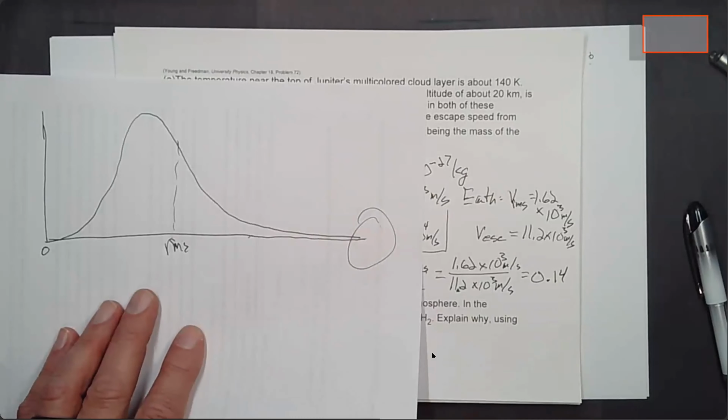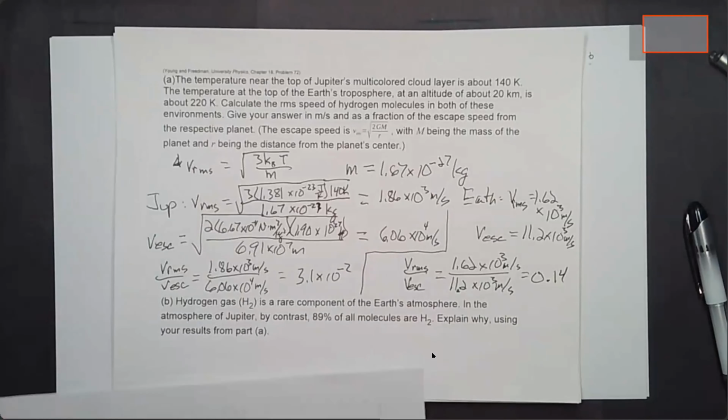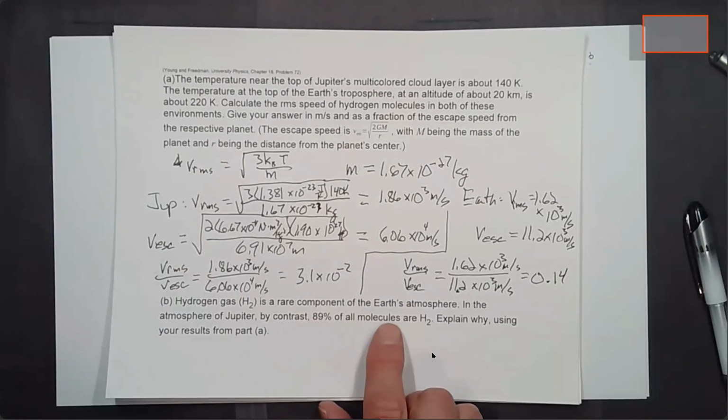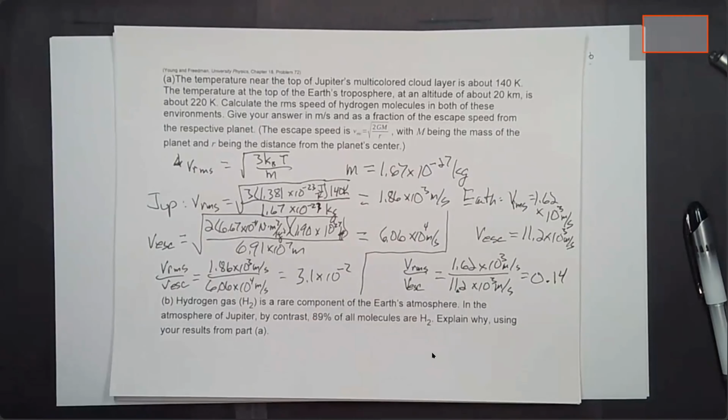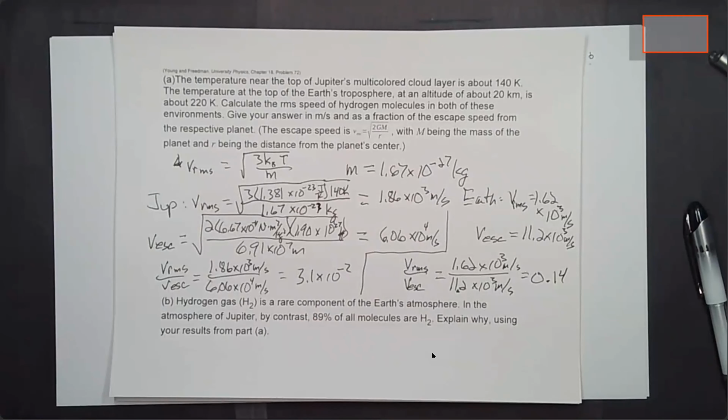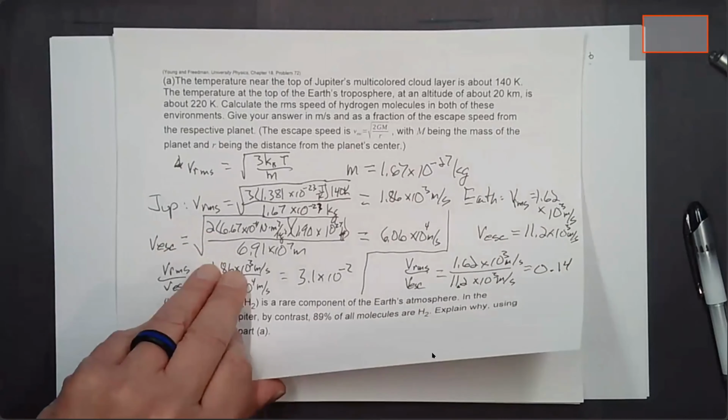But it's an appreciable amount on Earth. So hydrogen gas is a rare component in the Earth's atmosphere, but in Jupiter, it's nearly the entire atmosphere, 89 or 90% of it. So there's that.